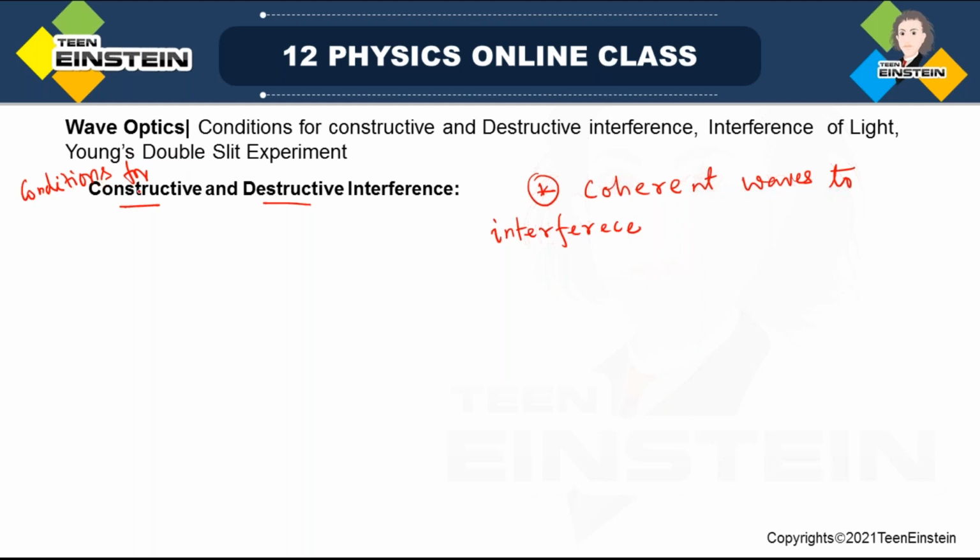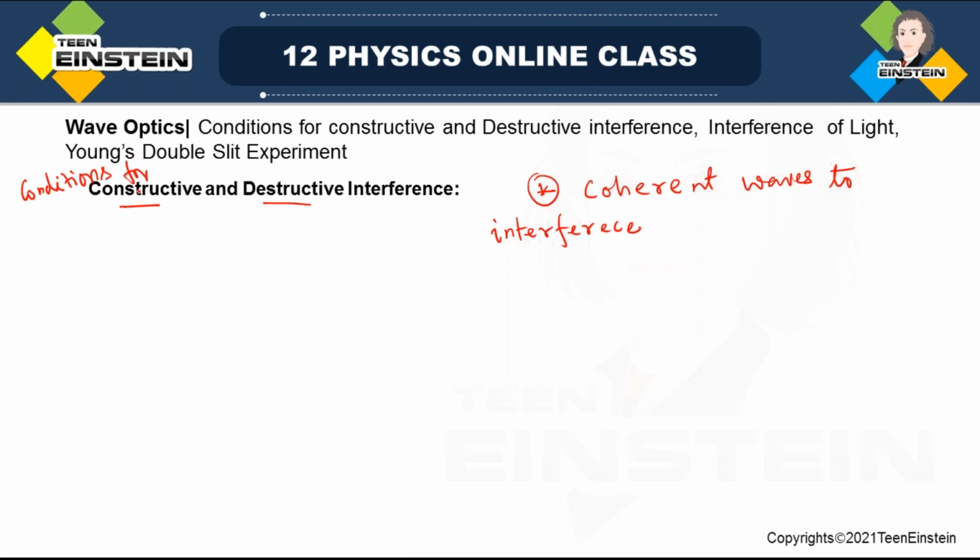That means we have to find some numerical expressions, with which we'll be able to understand whether at some places, if we have two coherent light waves, when they interfere, they will create constructive interference, that means the intensity after superposition will be maximum, or the intensity after superposition will be minimum.